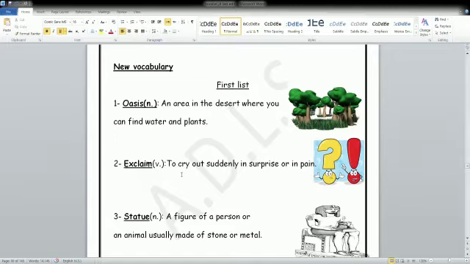Or she exclaimed at the beautiful view. So here we express surprise or pain. The noun is exclamation.